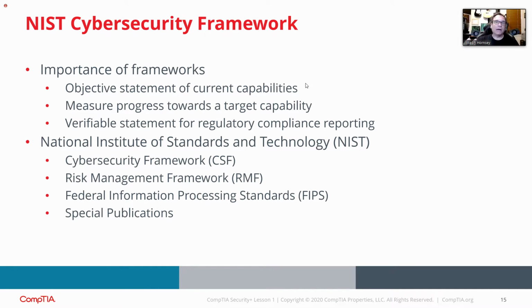Well, have I done that? Have I enabled password complexity? Have I enabled password expiration? And so on and so forth. A framework will allow you to do that. It gives you a measuring stick of where you're at, and it gives you a goal of where you need to be. And then your strategy is going to be, how do we get from point A to point B?